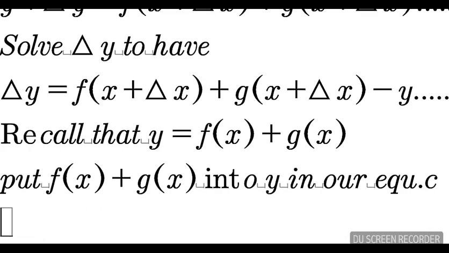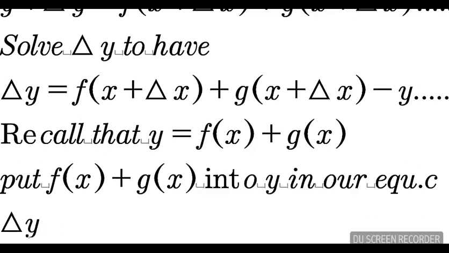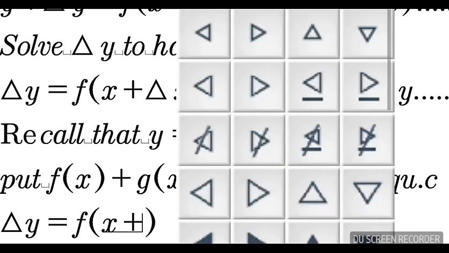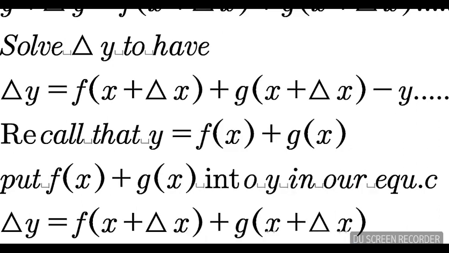That gives me delta y equals f of x plus delta x, plus g of x plus delta x, then minus f of x plus g of x.